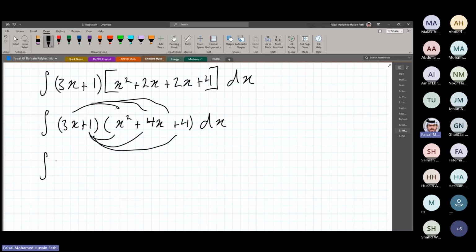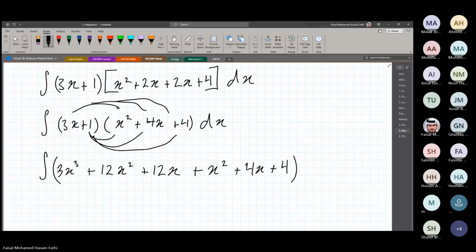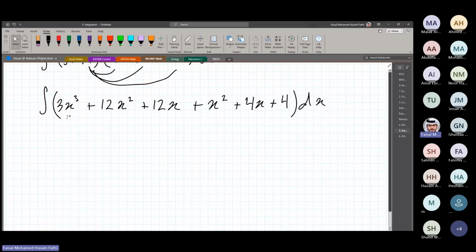So it will be 3x times x squared is 3x cubed, plus 12x squared, 3x times 4x. 3x times 4 is plus 12x, plus 1 times x squared, 1 times 4x, 1 times 4. All of this dx.